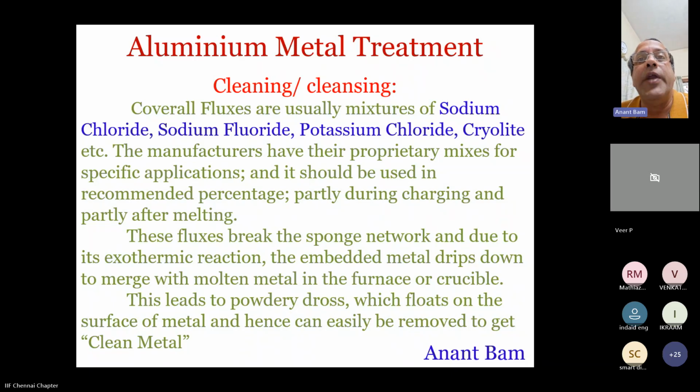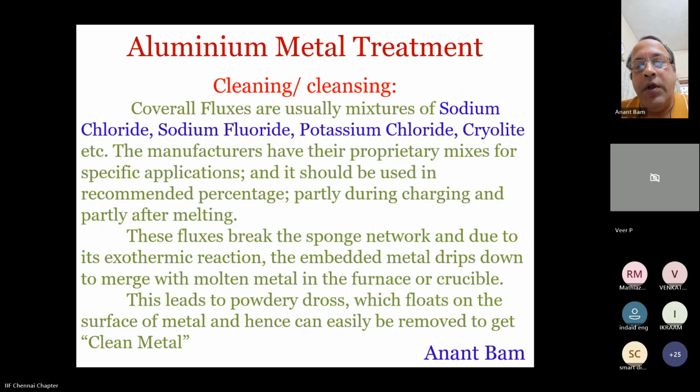These fluxes break the sponge network, and due to the exothermic reaction, the embedded metal drips down to merge with molten metal into the furnace or crucible. This leads to powdery dross, which floats on the surface momentarily.